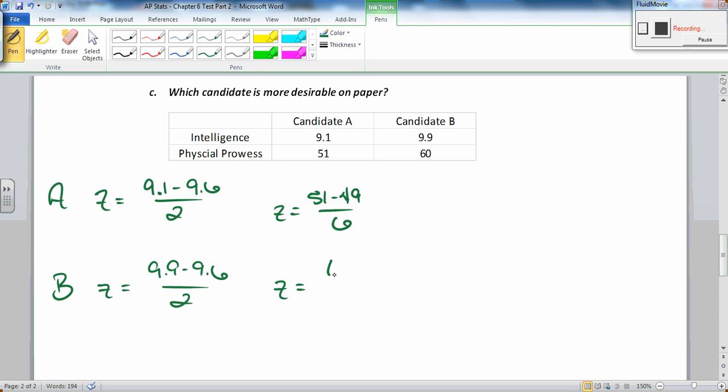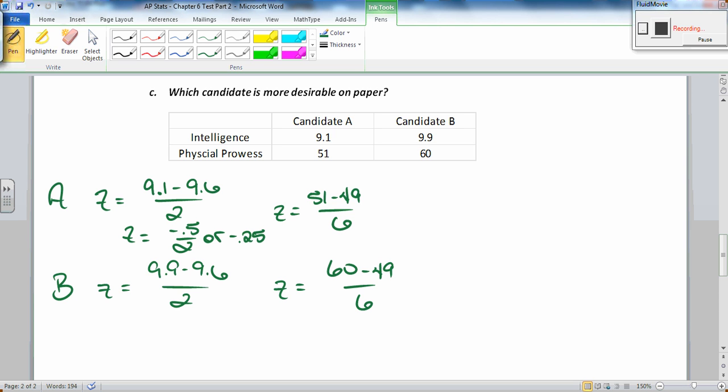And for candidate B, it would be 60 minus 49 divided by 6. So what we get here is a z-score of negative 0.5 divided by 2, or negative 0.25.